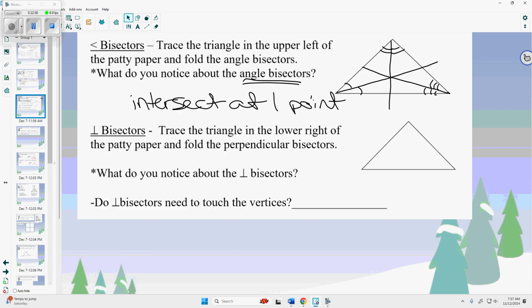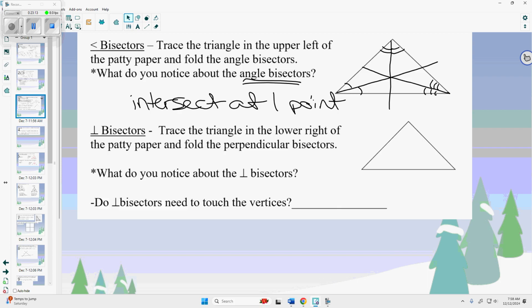Close. We want to fold the what in half? The base. We want to fold this segment in half. How do I know where halfway on the segment is? Fold what to what? Corner to corner.